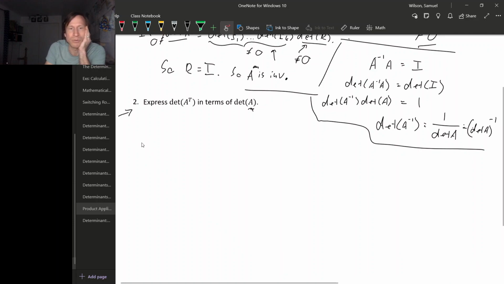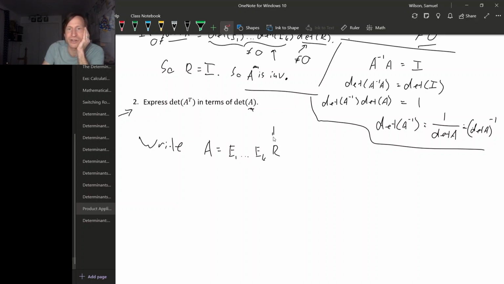Okay, well, we only have a few tricks, so let's try writing A as a product of elementary matrices times a reduced row echelon form. There are two cases.